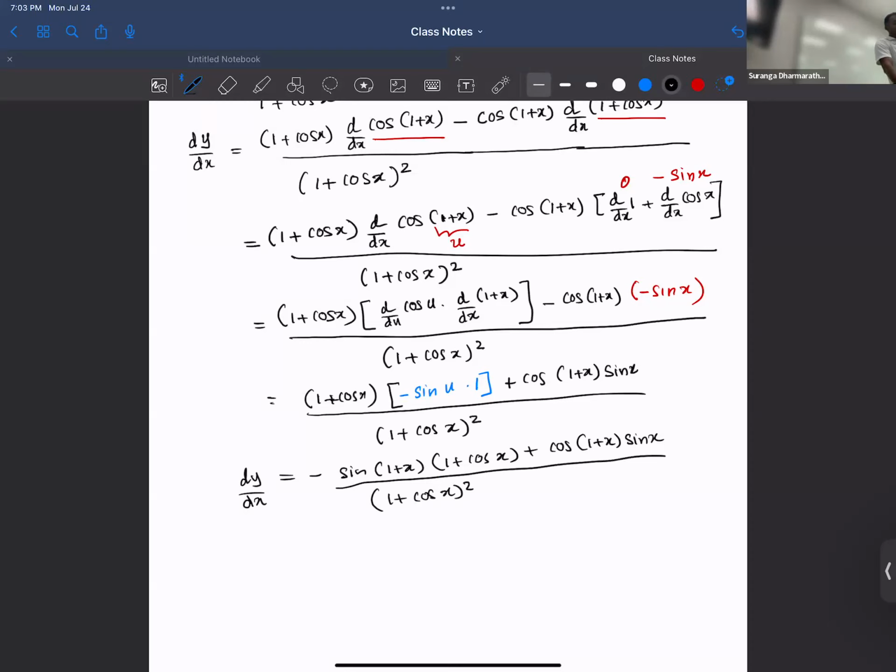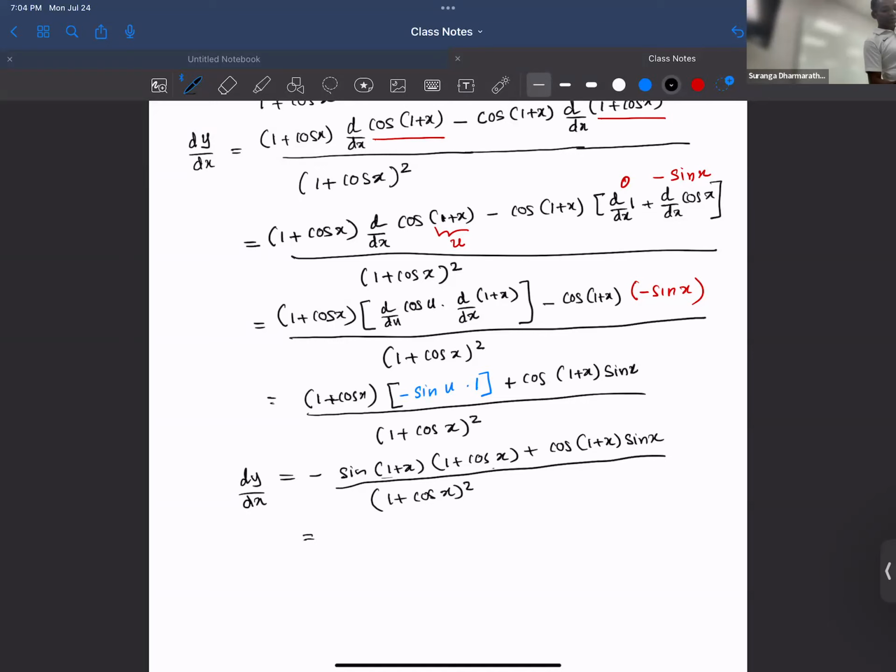Can you solve any further? Probably you should be able to, but I don't really want you to. You can actually use some trigonometric identities. You see cosine(1 plus x) sine x, and then you see sine(1 plus x) cosine x. You can write these two terms, right?